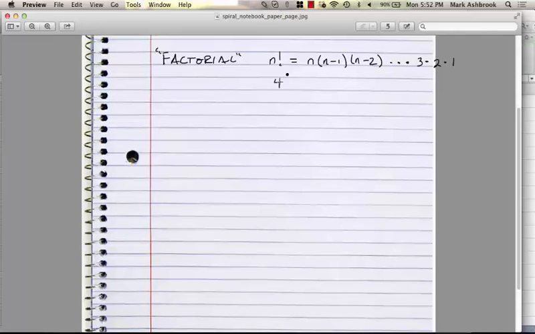So what is 4 factorial? What is 2 factorial? What is 11 factorial divided by 9 factorial? These are no calculator. All these without a calculator. Try those.